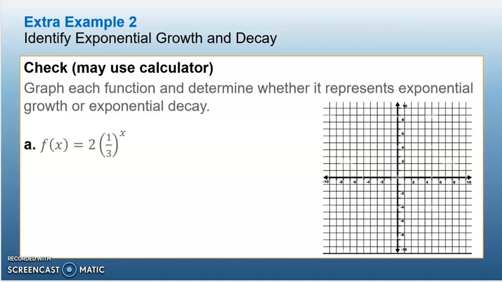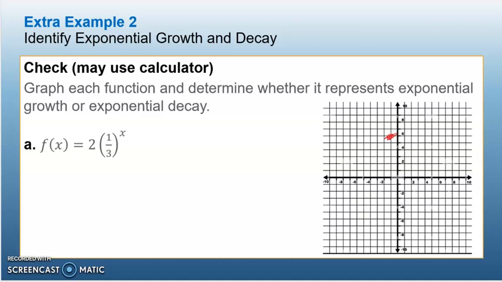So I'm going to come to my graph. I'm going to put a point at -1, 6. Now I'm going to put a 0 in for x. And anytime I have a 0 as an exponent, my answer would be a 1. So 1/3 to the 0 power is 1, and then 1 times 2 is 2.